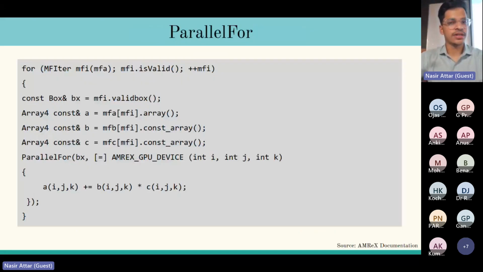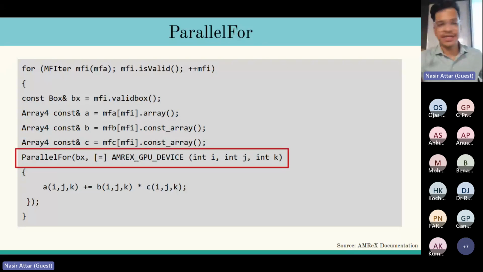One more thing about the abstraction is the ParallelFor in AMReX. It is an iteration loop, and the important part is this, the AMREX_GPU_DEVICE. Let's say I'm building my model without GPU support first. If there is no GPU support, this part will seamlessly work on a CPU, no issues.